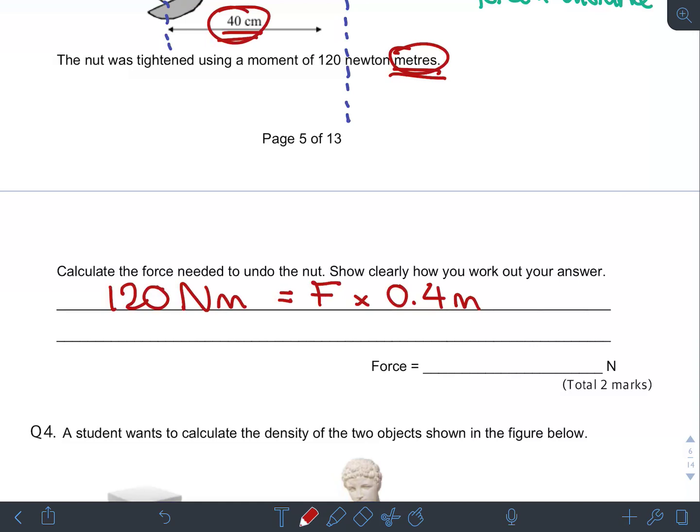And so the force is 120 Newton meters divided by 0.4 meters. If we do that, we get an answer of 300 newtons.